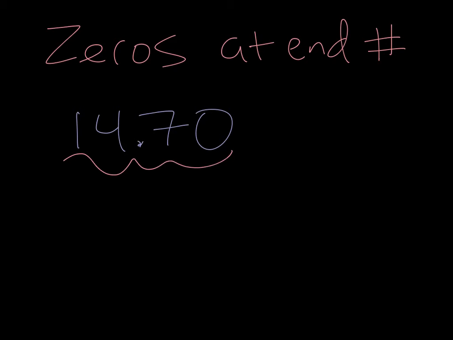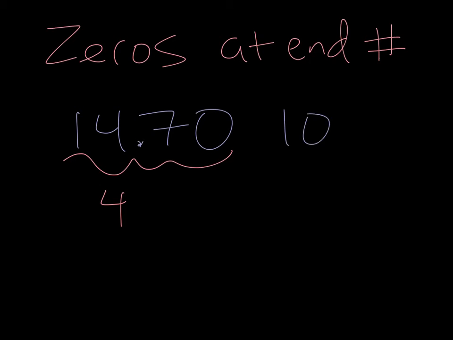So on with the zeros, we can have zeros at the end of a number. And if the zeros are at the end of a number after a decimal place, then they are significant. So here's my decimal place there. So that's 14.70. All of those are going to be significant. So there are four significant figures there.